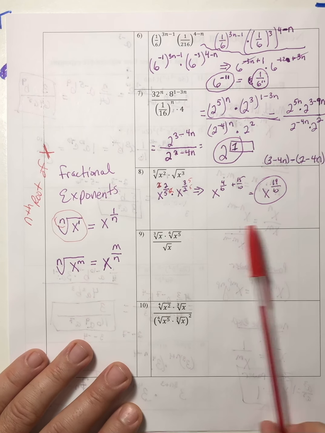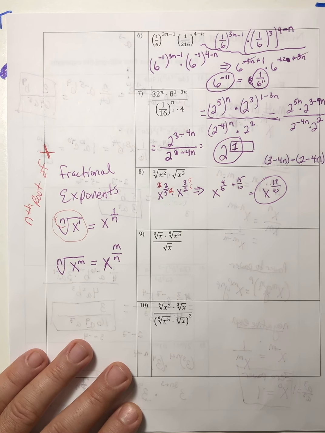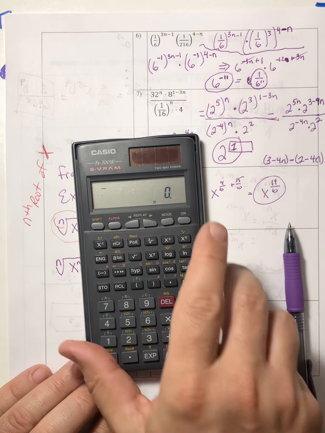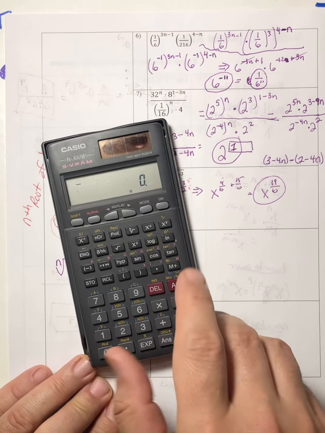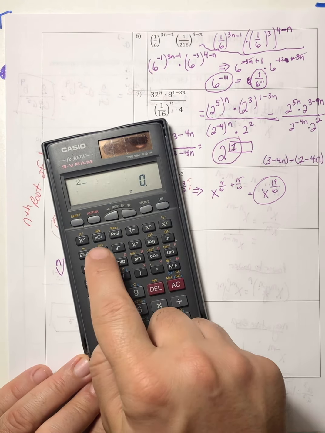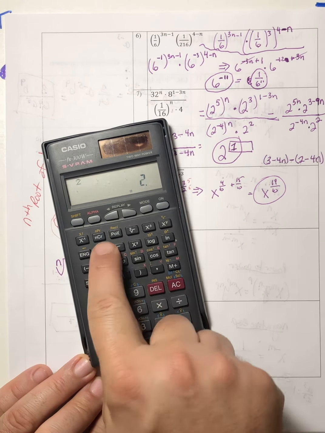And I know some of you are wondering, how did he add fractions? All you have to do is pull out your handy-dandy calculator. On this calculator, I have this thing called an ABC key. That ABC key is a fraction button. So I have 2 fifths, so 2 ABC 5, plus 3 ABC 2.